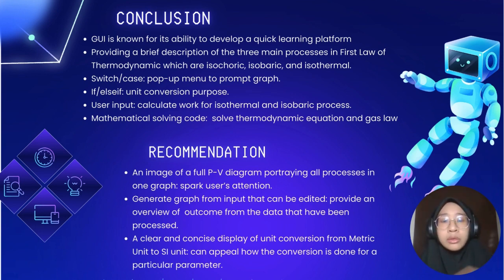And third, we might also add a clear and concise display of unit conversion from the metric unit to the SI unit, where users can actually see how the unit is converted to get the unit in SI version.